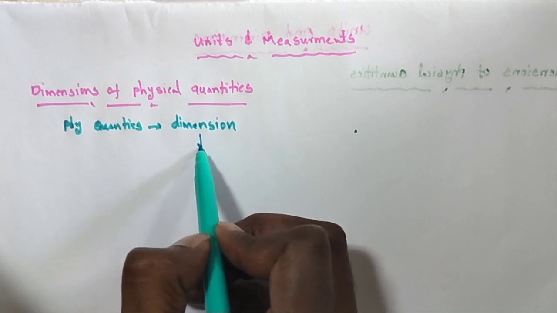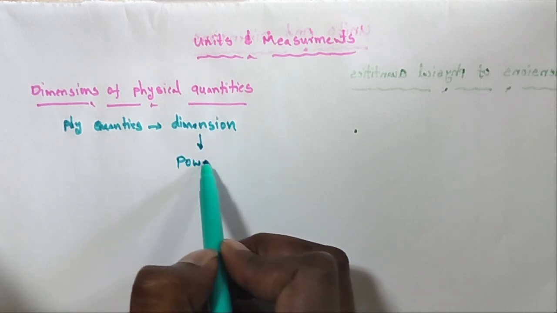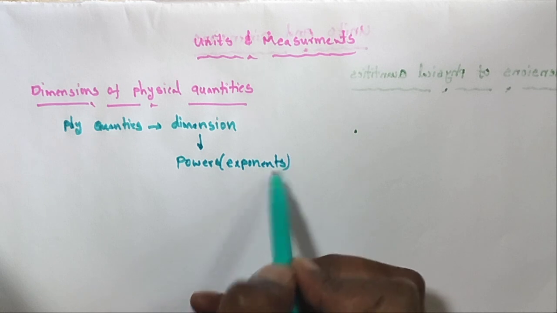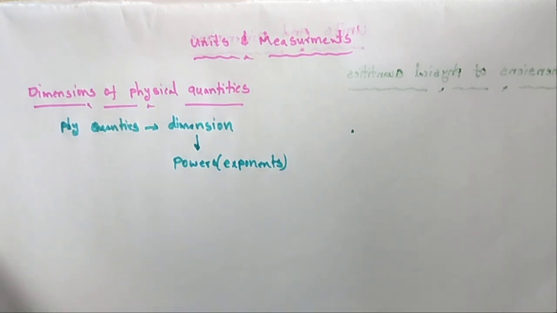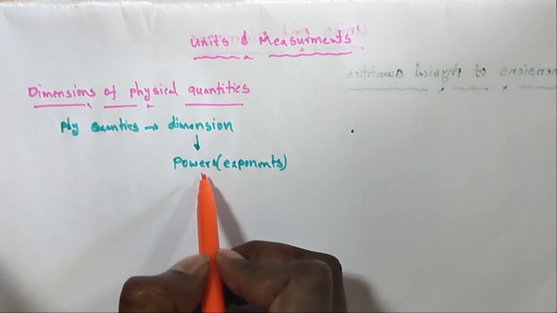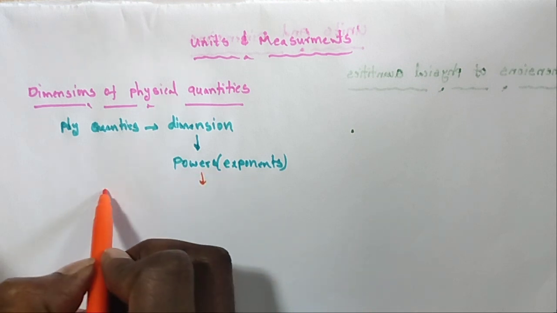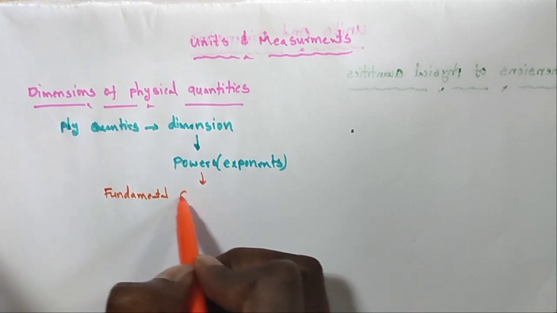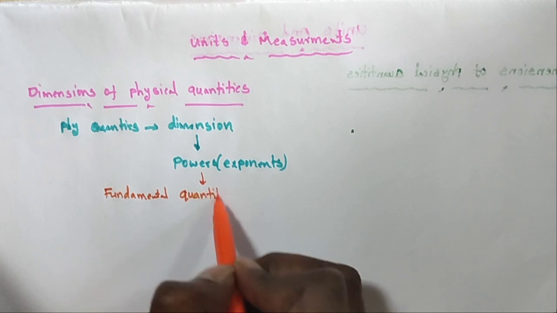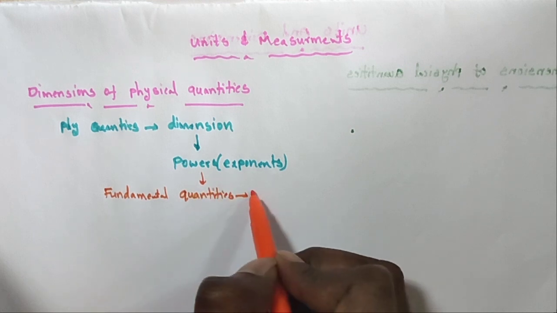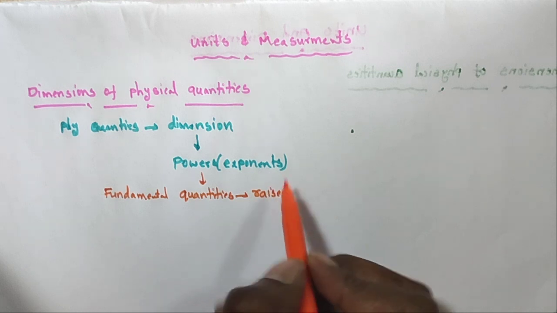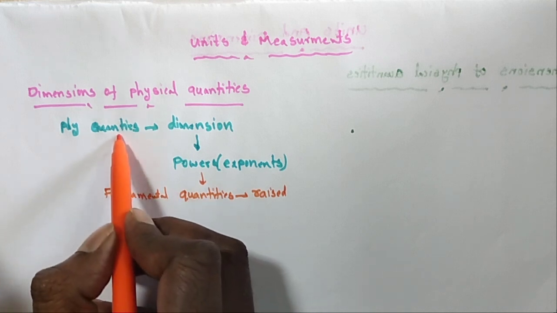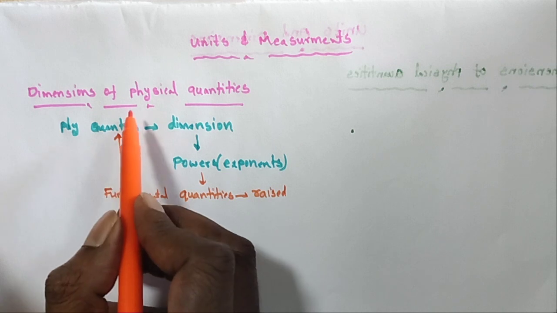The dimension of a physical quantity means the powers or exponents to which the fundamental quantities are raised to represent that physical quantity, so that is called dimension.